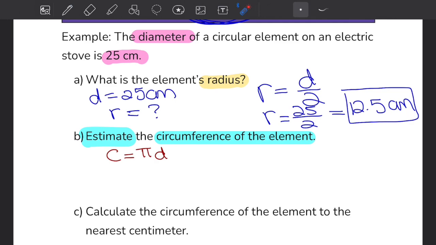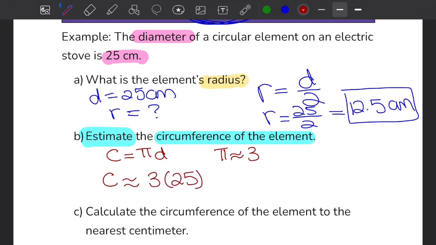Instead of using pi as it is, I'm going to estimate pi to be around 3. So the circumference is approximately 3 multiplied by the diameter. 3 times 25 is approximately 75 centimeters. So you see how estimating is quick, it's efficient, and it's close to our accurate value.